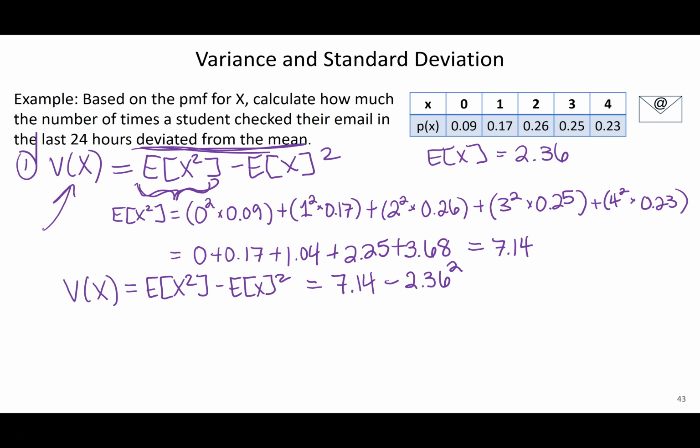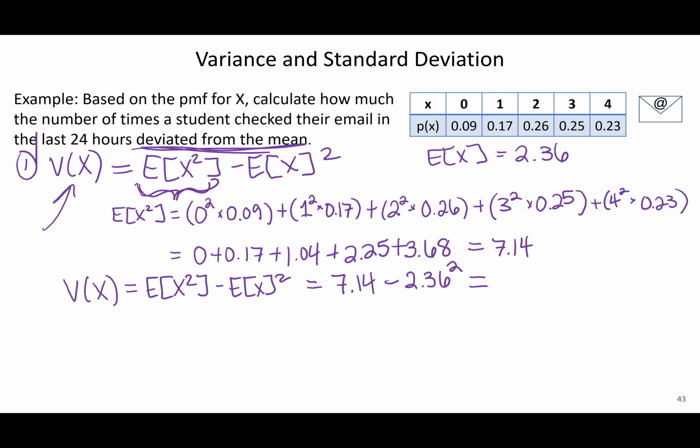One thing to note is the variance should never be less than 0. It should always be non-negative. It could be equal to 0, and that's the scenario where every single value in the data set is the same exact value. However, it can never be negative. So just a note there.